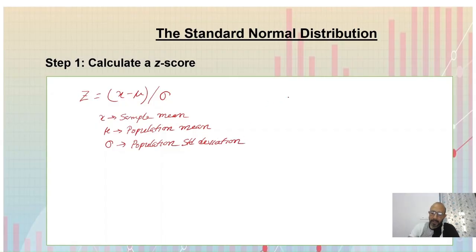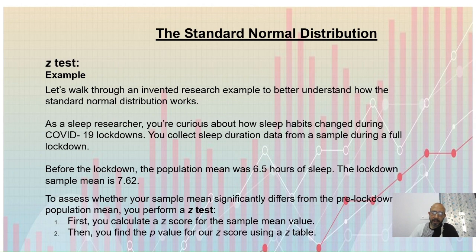So you can say x value is 7.6 and mu value 6.5, standard deviation 0.5.